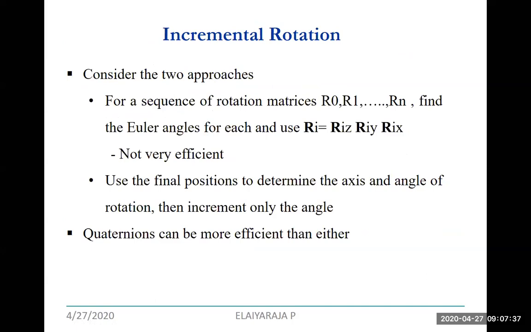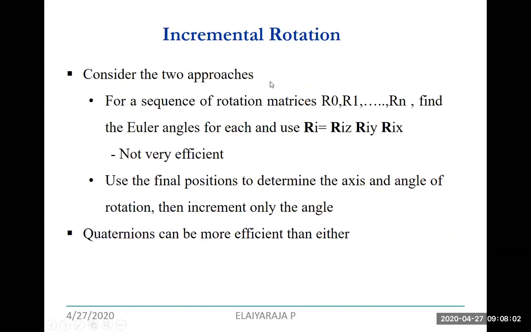To do the incremental rotation, suppose you take any object and perform the rotation. First you perform the rotation with respect to the xz axis or yz axis, or with respect to the x axis, y axis, z axis.